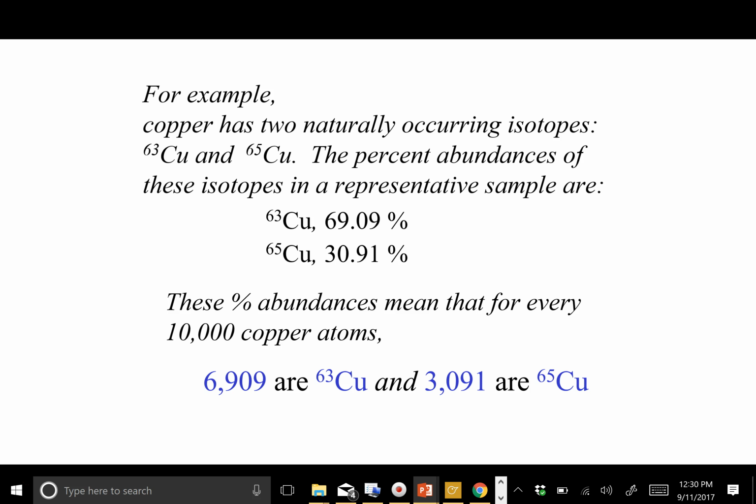But if you had 10,000 copper atoms and divvied them up into piles by isotope, 6,909 of them would be the lighter isotope, and 3,091 of them would be the heavier isotope. So that's what that means.